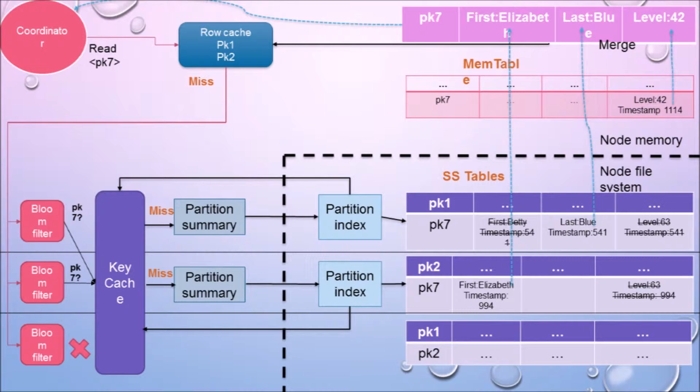Then you retrieve the value from those SS tables, perform a merge operation with the one in the mem table, and that value is also updated in the row cache, and then you return the value to the coordinator.